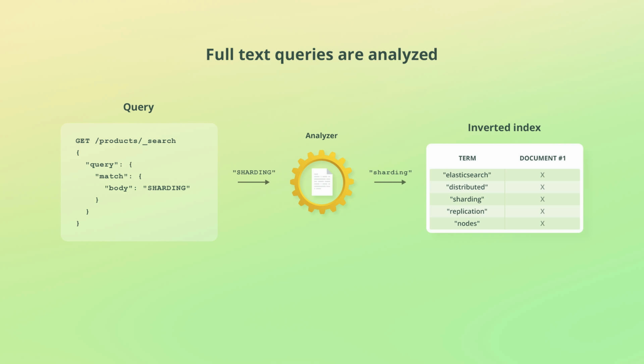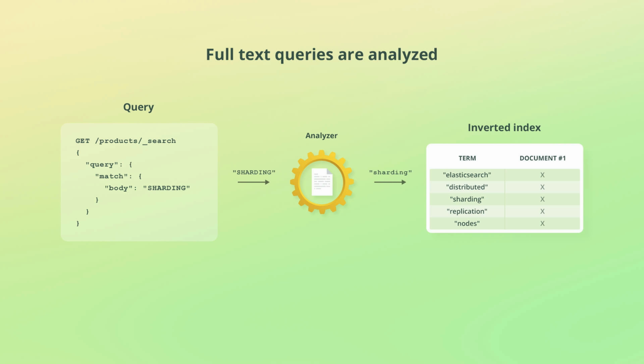If an analyzer is configured, it will use that one. Otherwise, it will default to the standard analyzer. The query will then be run through this analyzer in exactly the same way as when documents are indexed. The reason for doing this is that the values that are stored within the inverted index have been analyzed. To make sure we're not comparing different things, both values are analyzed in the same way.